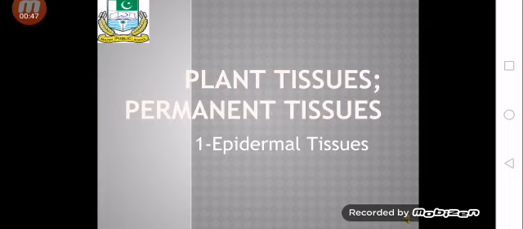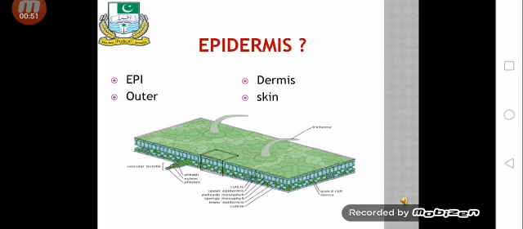First of all is epidermal tissues. Epidermis, as it shows, is a type of skin, as epi means outer and dermis means skin. So it makes the skin of plant parts like stem, leaf and roots.